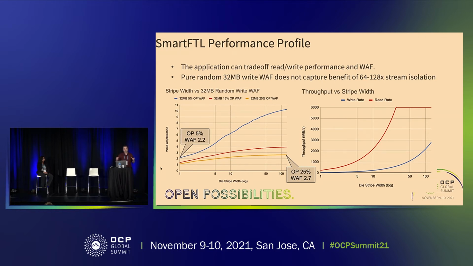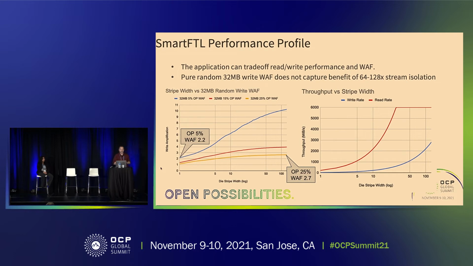If you can get away with that and have control over data placement down to the die level, you can choose how wide to stripe it. In a normal SSD, I would just be striping data across all the dies in the drive, and that gives you full performance on any data you read or write. But it comes with a cost.